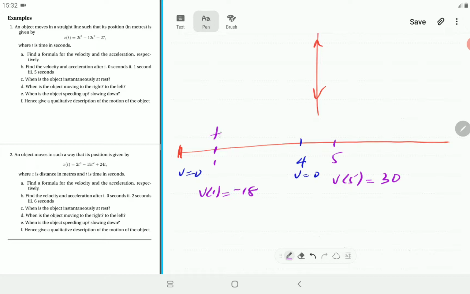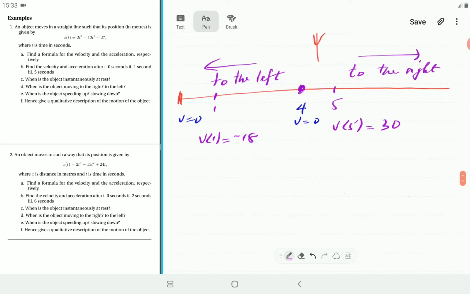So between time equal to 0 and time equal to 4, this object is moving to the left. And for times 4 and greater, this object is moving to the right. So it was moving like this. That means at this point here, the object changes direction. Okay, so that sorts out question D.